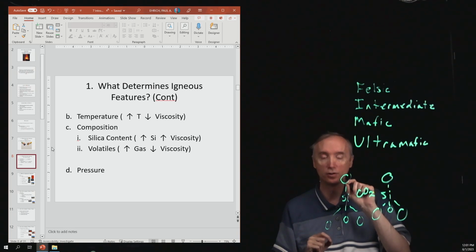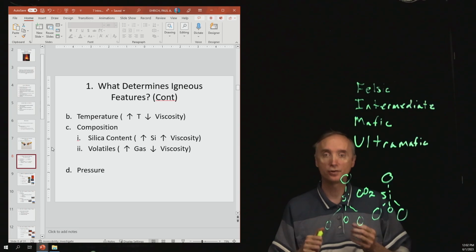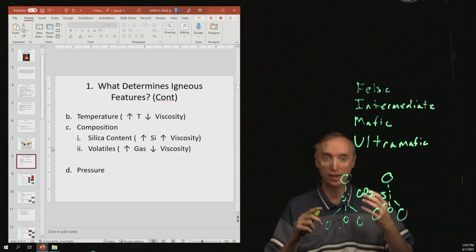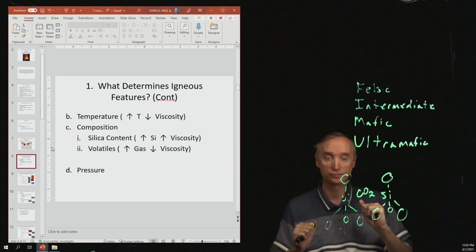So the larger the amount of gas inside of a magma or a lava, the more that's going to decrease its viscosity. It also is going to depend on pressure. If you increase the pressure of a gas, that's going to make the eruption more explosive.